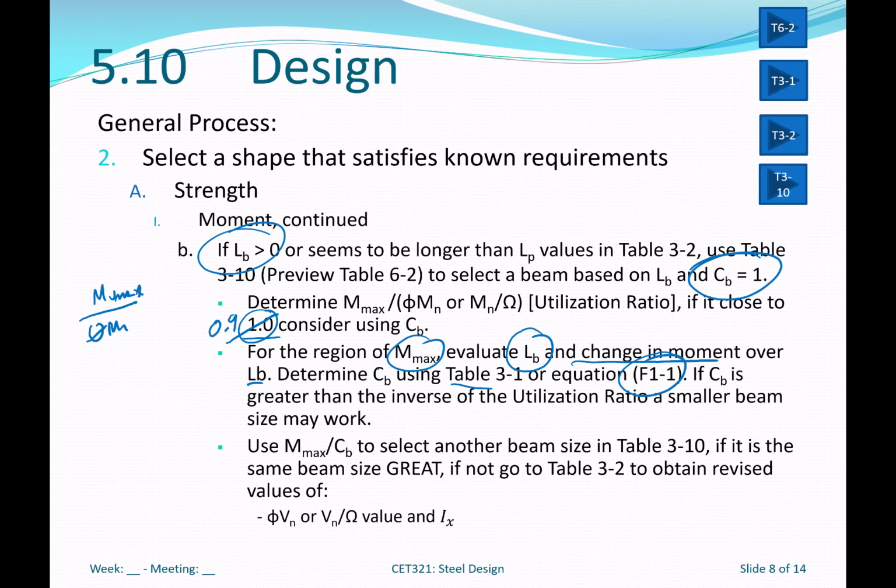Then you can go into the table with your max moment divided by C sub B and pick from a table. And if that works, great. If not, you have to revise, pick a bigger beam size based on what you get out of table 3-10. Then you might want to go back to table 3-2 and take a look at the Lp, Lr, and all these values, because they are contained within the specification table 3-2.